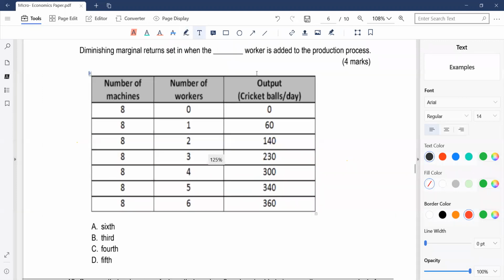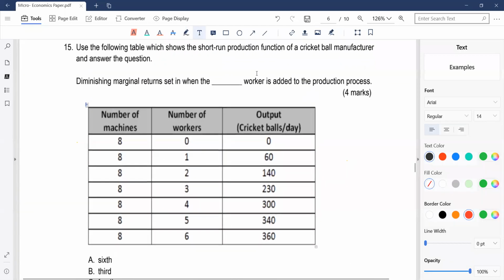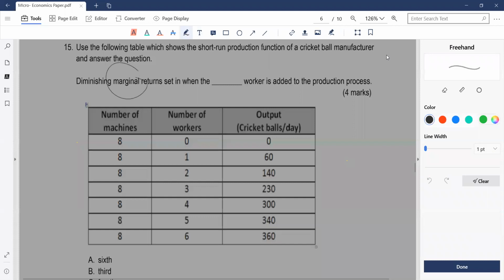Number 15 says, using the following table, we show the short-run production function of a cricket ball manufacturer, and answer the question. Diminishing marginal returns. The word marginal means extra.